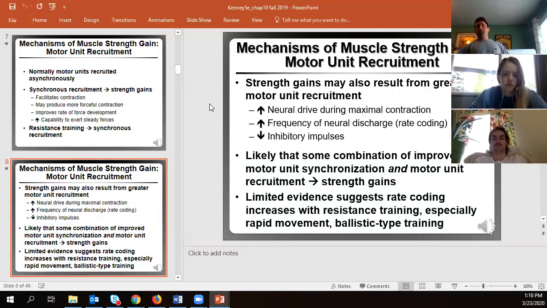And yes, you can see some things with the rate coding, but if you look at some of the more recent work, when they're using what's known as electromyography and MMG, mechanomyography, where you're literally looking at the vibration of muscles, the individual motor units can do a better job of synchronizing and contracting at a higher rate.